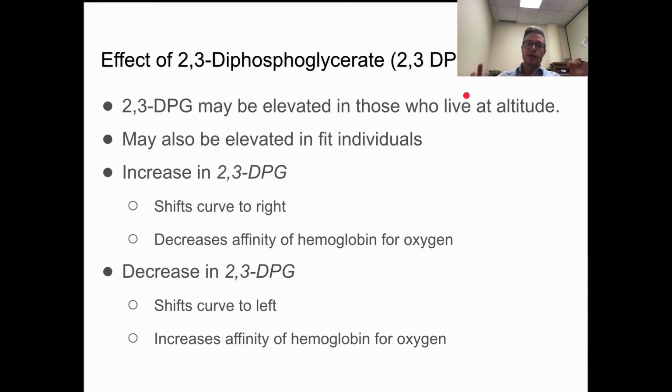So even without necessarily knowing exactly what it is or given any context for this molecule, if we're imagining a shift to the right of our dissociation curve, it's probably a good educated guess that it's likely to be involved with exercise.